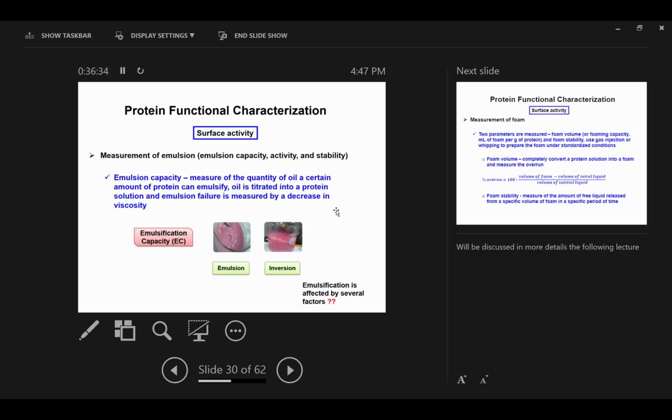And then you continue titrating, and the emulsion is hopefully consistent for a while until the last one drop causes the emulsion to break. We call that inversion. At the time where the emulsion goes from smooth to gritty and broken, that would be the end of your titration. You determine how many milliliters of oil you were able to titrate with whatever amount of protein you had, and then you calculate milliliters or amount of oil per 1 gram of protein.